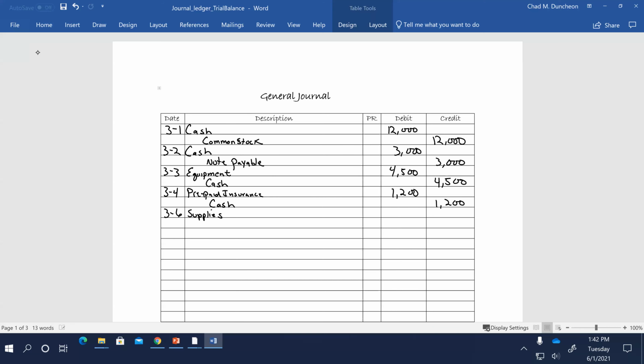We debit our supplies because our asset of supplies was going up for $6,500. We also increased this liability. Liabilities with a normal credit balance are increased with a credit entry. So we would do a credit to accounts payable for the same amount.